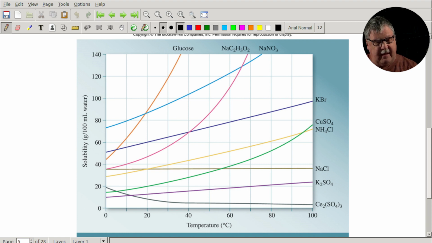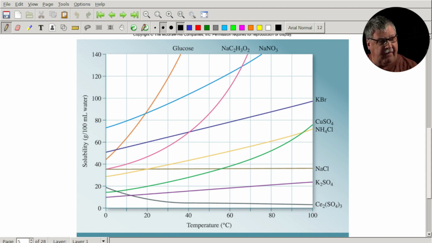And the general trend, as you can see from this graph, is that as we increase temperature, we can presume that the solubility of most solids will also increase. In some cases, like if you look at glucose or sodium acetate, the increase is quite sharp. All right, so what this implies is that perhaps there are a number of factors that come into play here.